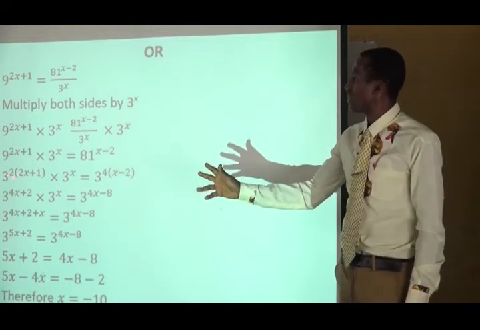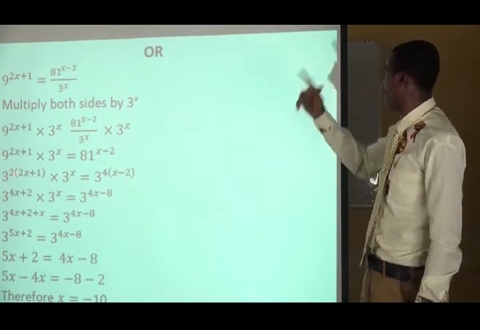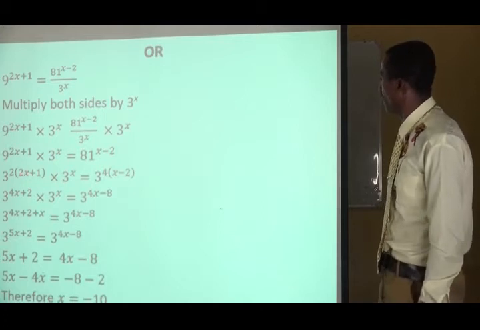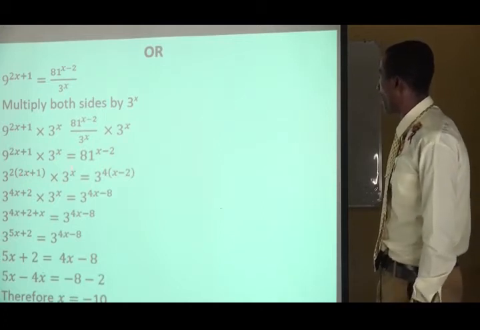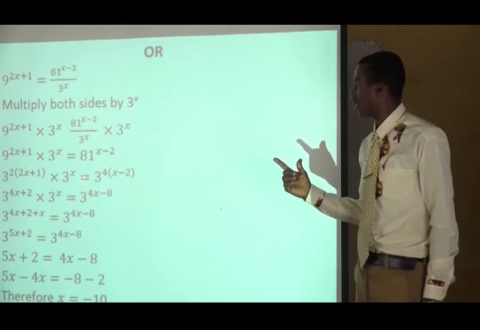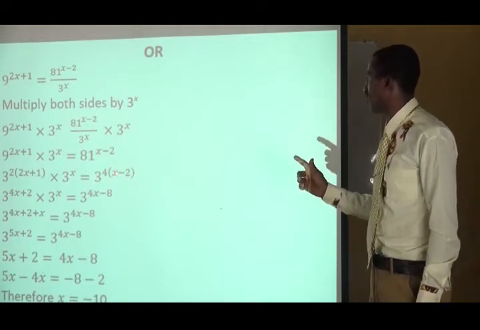So 9 can be written in index form as 3 to the power of 2, as explained earlier. So that becomes 3 to the power of 2 into 2x plus 1 times 3 to the power of x, the left-hand side. And your right-hand side, 81, of course, can also be written in index form as 3 to the power of 4 into x minus 2.